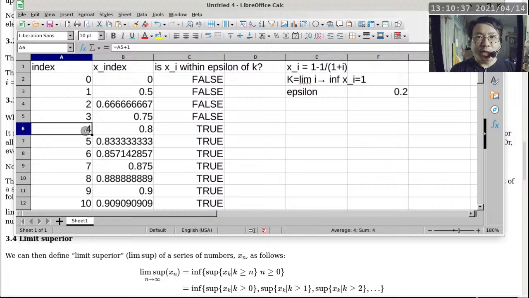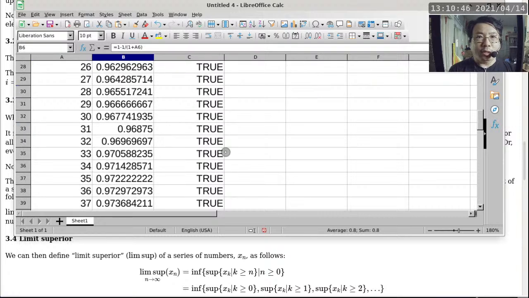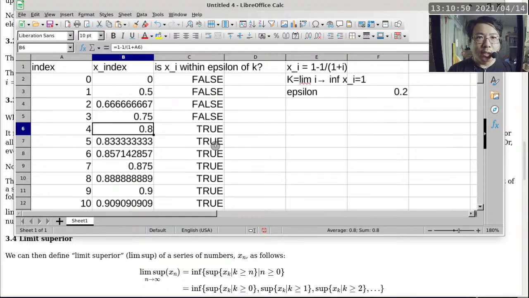Because when m equals 4, then everything including x4 itself and everything thereafter are all within 0.2 away from the limit. This is a very specific example of using 1 as my limit and an epsilon of 0.2.